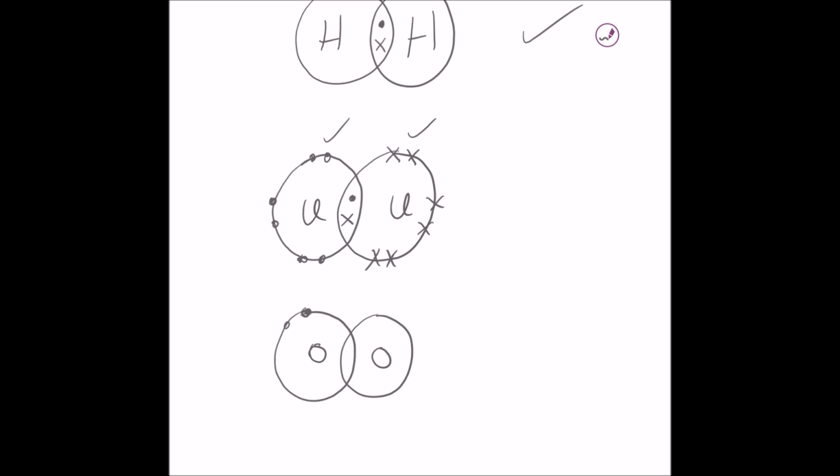The other oxygen is the same: 1, 2, 3, 4, 5, 6. If we count around those two oxygens, we should come up with 8 in both: 1, 2, 3, 4 in the middle, 5, 6, 7, 8. That is a full outer shell. If we count the other direction, 1, 2, 3, 4 in the middle again, 5, 6, 7, 8. So both of those oxygens have a full outer shell.